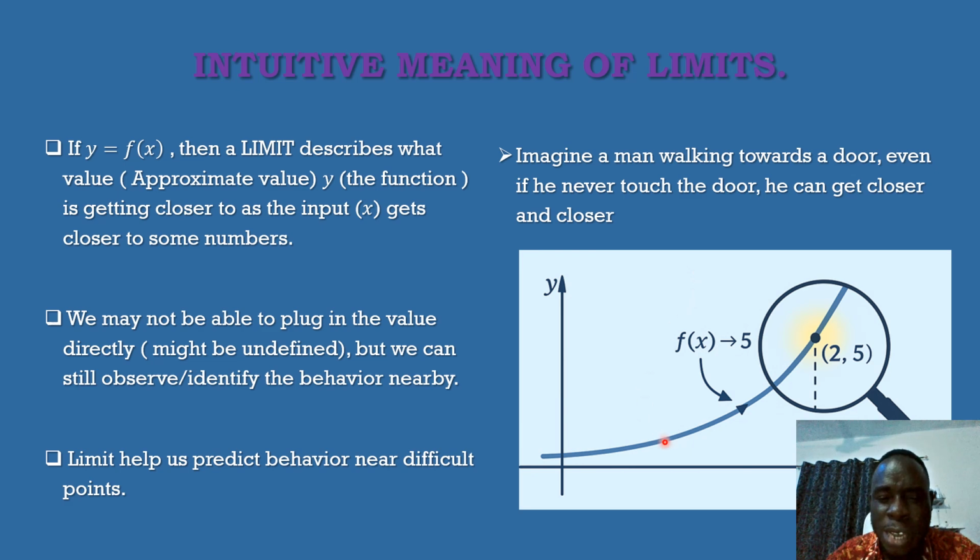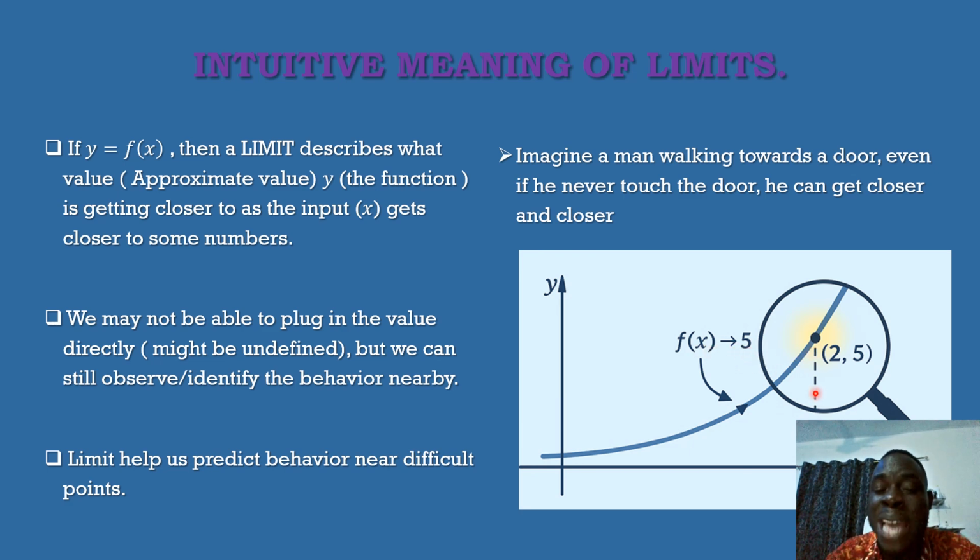Now let's see one example here. I have a magnifying lens to magnify the points or values for me to know the behavior of this particular point. So here you can see that as the input, that is x, gets closer and closer to 2, f of x is also getting closer to 5.